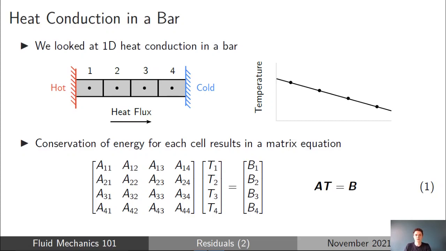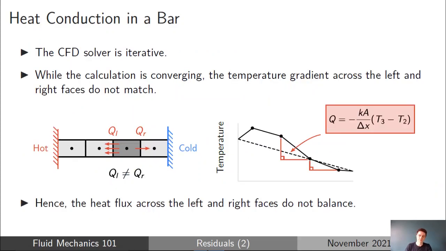And we could solve this problem analytically by hand, but the way we chose to do it to show how CFD codes work is we used the finite volume method, and we applied conservation of energy for each individual cell in the mesh, and resulted in a matrix equation, AT equals B, and solving that matrix equation will give the temperature T1, T2, T3 and T4 at the centroid of each of the 4 cells in that mesh.